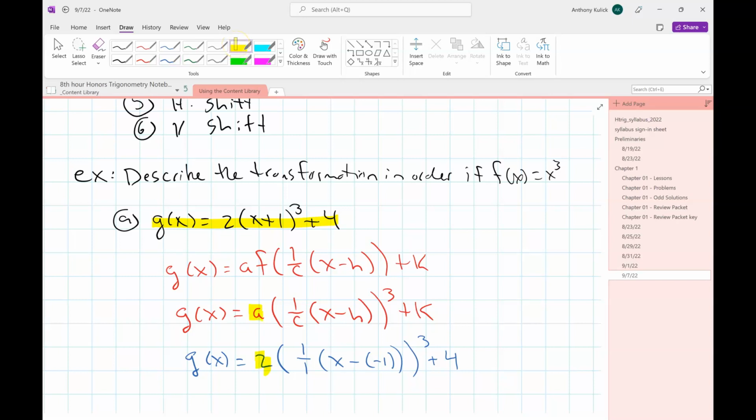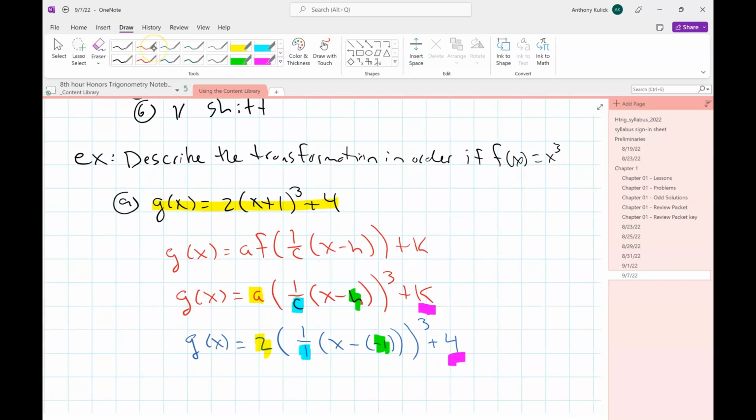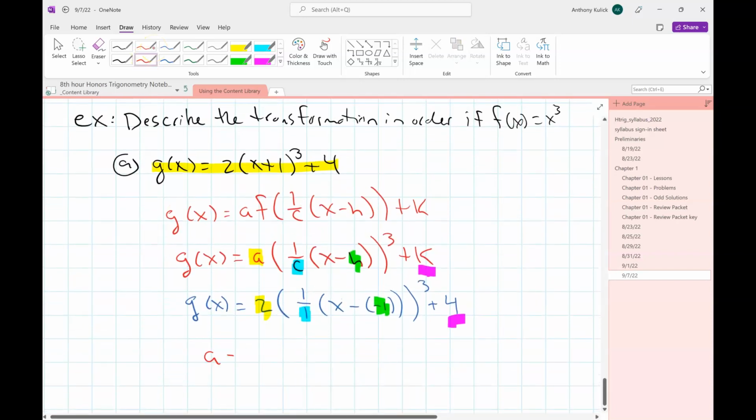So I can see A is 2, C is 1, H is negative 1, and K is 4. Everybody's cool with how I decoded that?